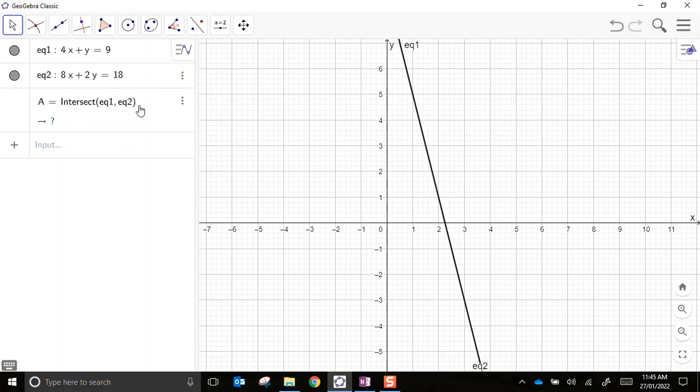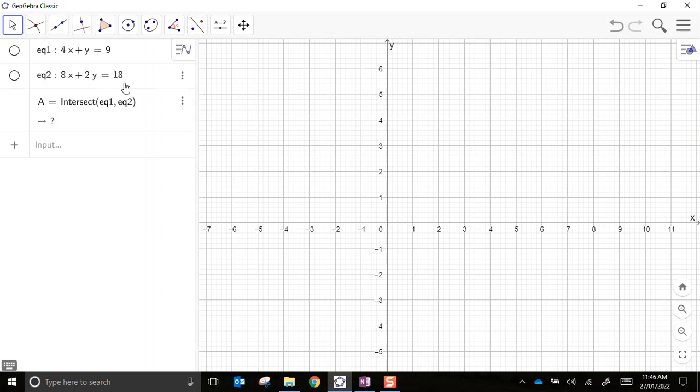And what do I end up with? Again, I end up with no unique solution, because both of these lines, if I turn off equation 1 and then put equation 2, do you see that they are the same line? Equation 1 multiplied by 2 gives me equation 2.